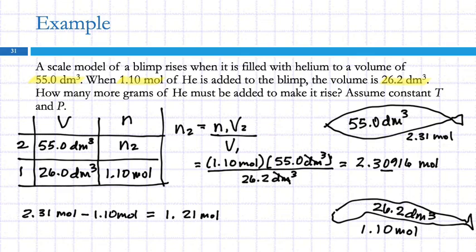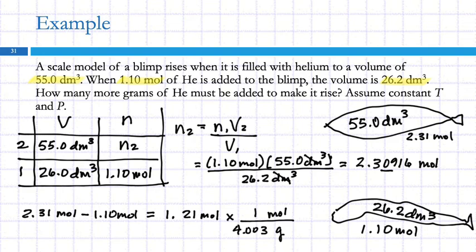How do we turn that into grams? Molar mass from the periodic table. Helium, so we're going to have moles up here and grams in the bottom. The periodic table says 4.003 grams for every 1 mole.